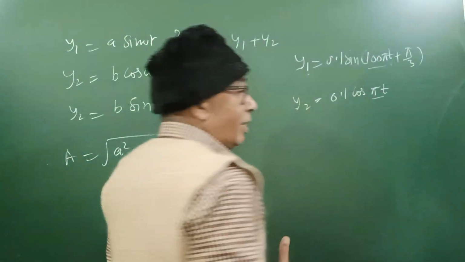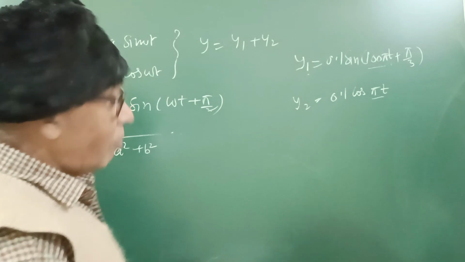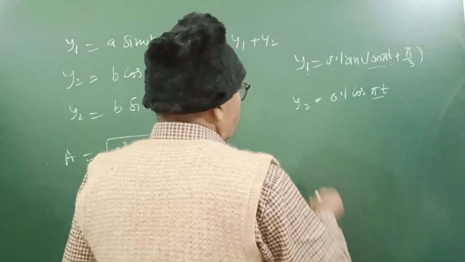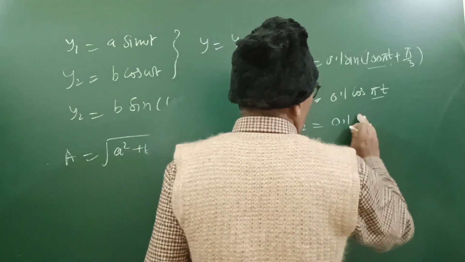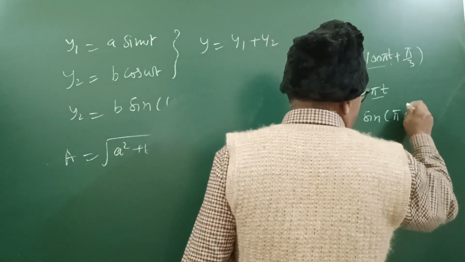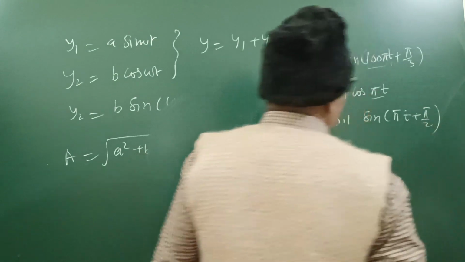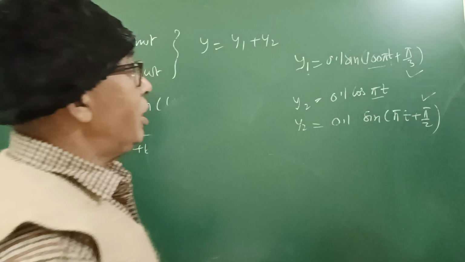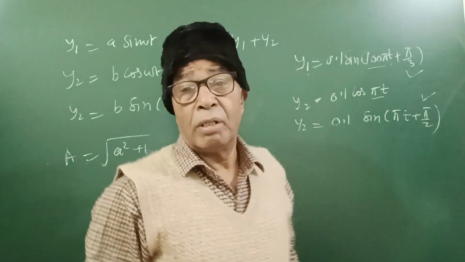The initial phase of velocity will be the same as the initial phase in displacement. So this equation can further be written as y2 equal to 0.1 sine (pi t plus pi by 2). So this is the initial phase. The language should be the initial phase. We can't say the total phase difference.